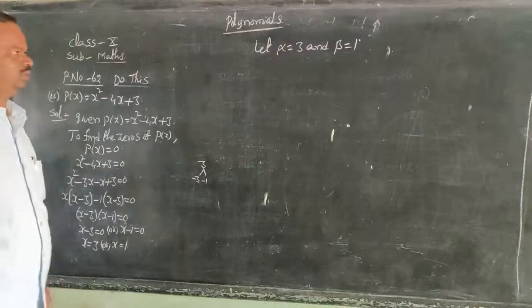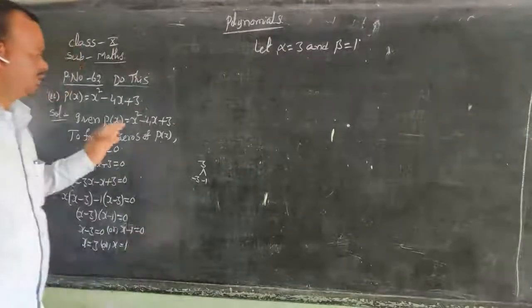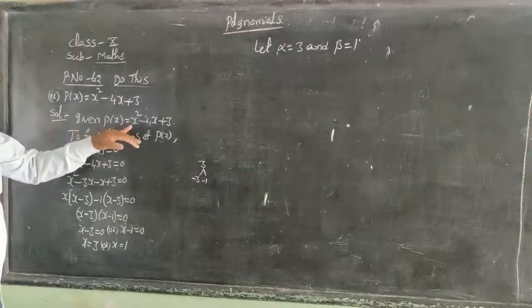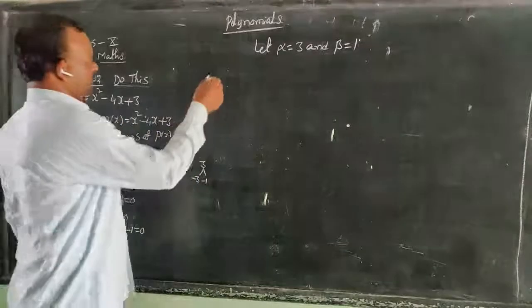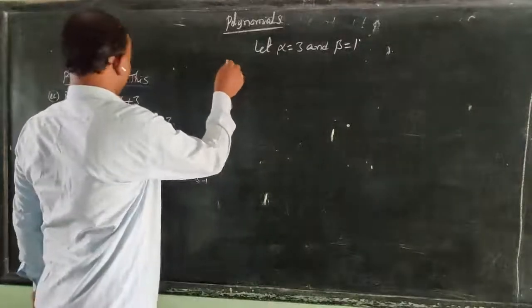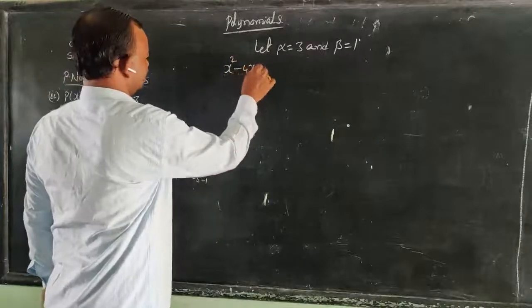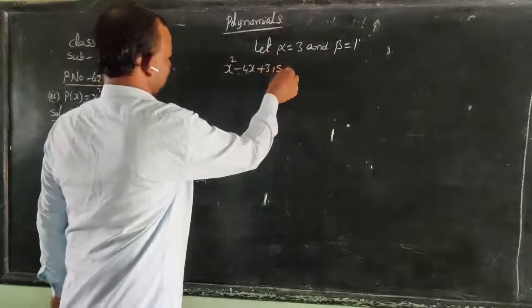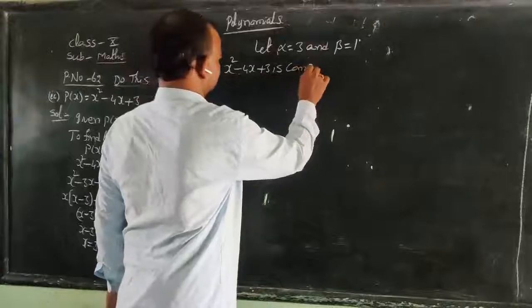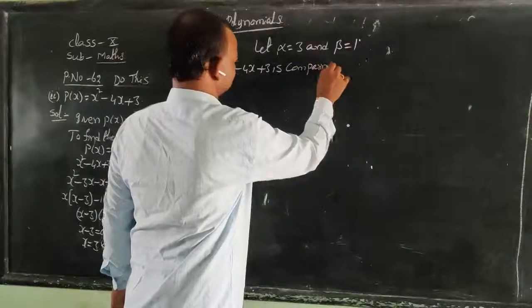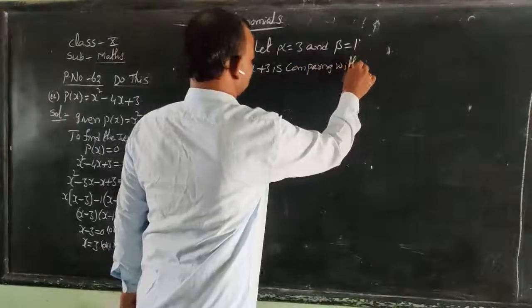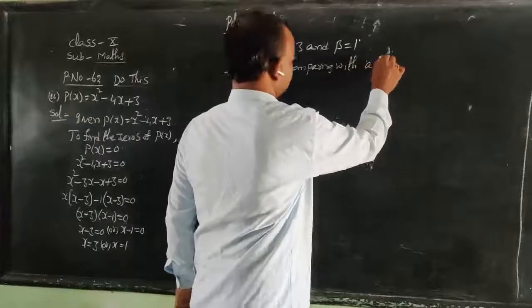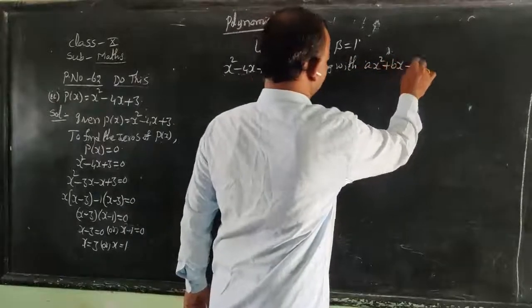Next, sum of zeros. And here also write a, b, c. It is comparing with the given polynomial p of x. P of x means x square minus 4x plus 3 is comparing with ax square plus bx plus c.